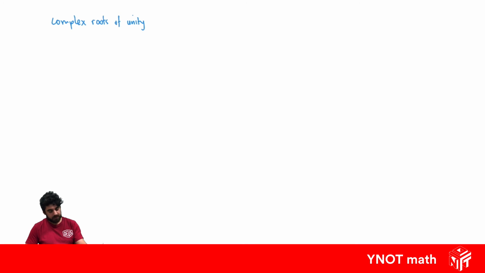So if we have some complex number w and it's to the power of n equaling 1. Actually, let's come back to this. Let's just investigate what happens if we have w squared minus 1. Well, we know we can factorize that into w minus 1 multiplied by w plus 1. It's just a difference of 2 squares.